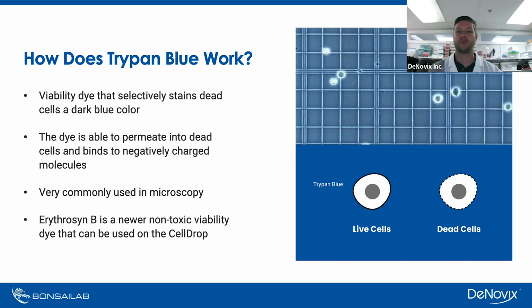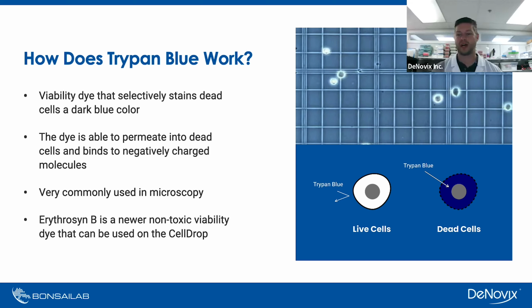So I'm just going to talk briefly about the different dyes that we've been discussing. First, we're going to talk about how Trypan Blue works. Trypan Blue is a viability stain that stains dead cells a dark blue color. The dye is able to enter into dead cells through the broken down membrane, and it binds to negatively charged molecules when it gets inside of the cell.